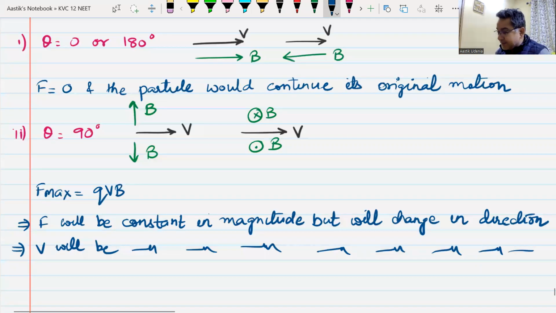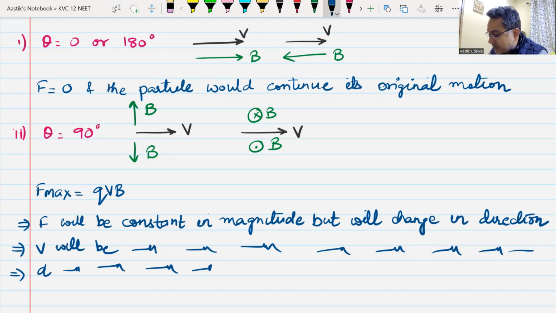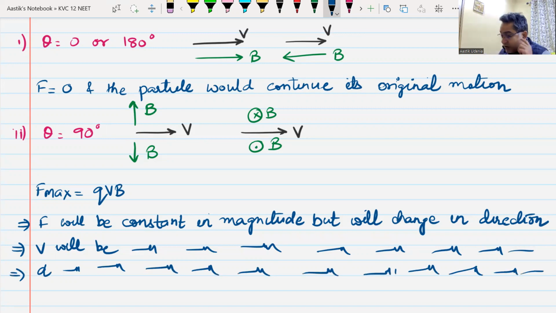At the same time, I can write the same thing for acceleration as well. Acceleration will be constant in magnitude but will change in direction. Now, force is constant in magnitude, changing in direction. Velocity is constant in magnitude, but changing in direction. Acceleration is constant in magnitude, but changing in direction.